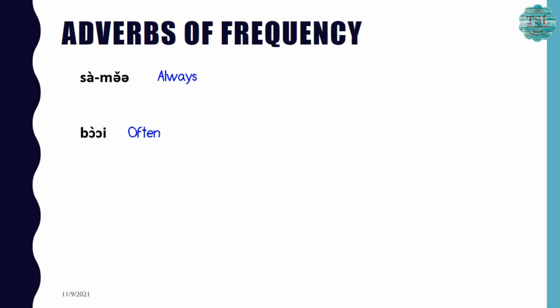The third one is มักจะ, which means usually. The next one is บางครั้ง, which means sometimes. บาง means some and ครั้ง means time.